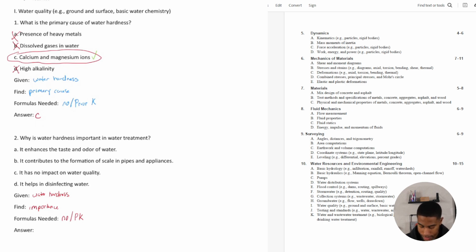All right, so does it enhance the taste and odor of water? Enhance is a word that means it makes it taste better and it helps with the odor in water. No. It contributes to the formation of scale in pipes and applications. Absolutely.